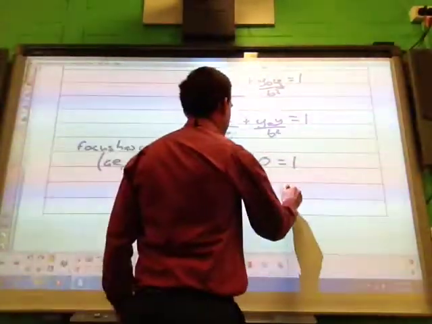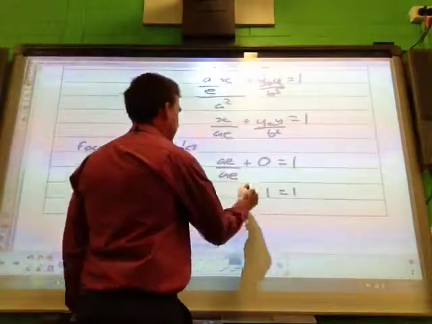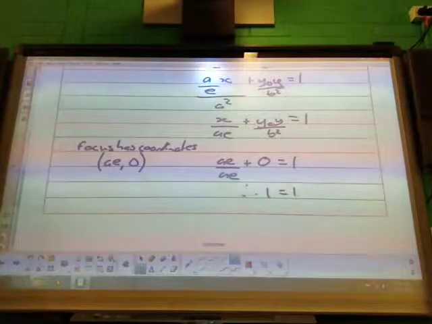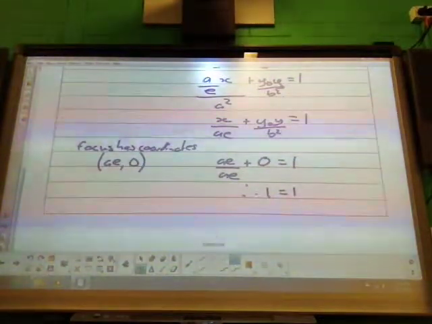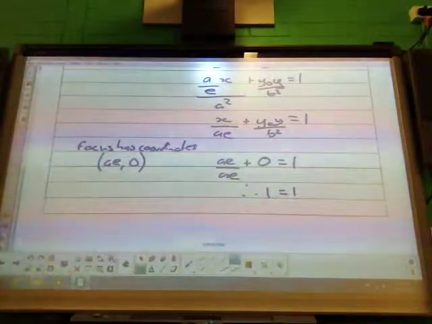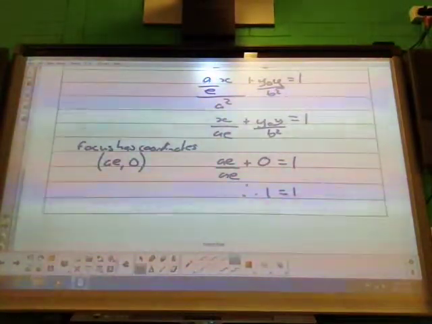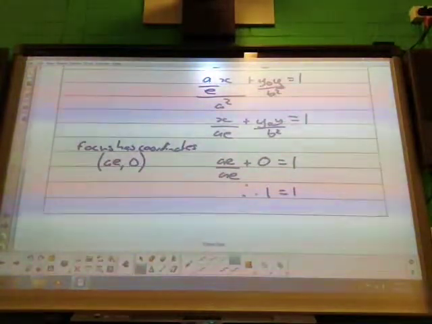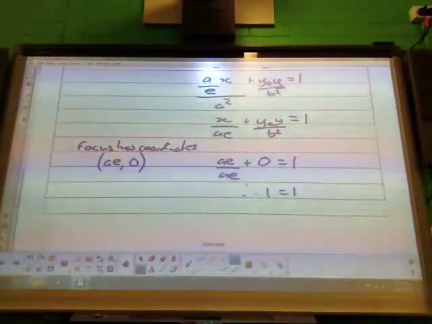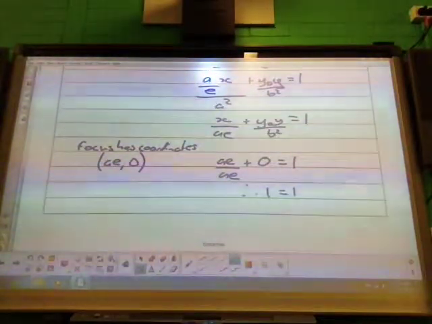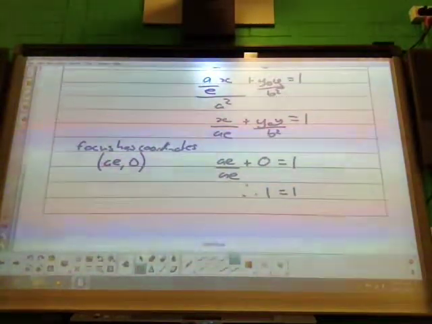Okay, so 1 equals 1. So if the external point is on the directrix, the chord of contact will go through the focus. It becomes the focal chord. The same with the hyperbola as well. Set up a similar proof with your hyperbola, and you'll get the same sort of outcome.